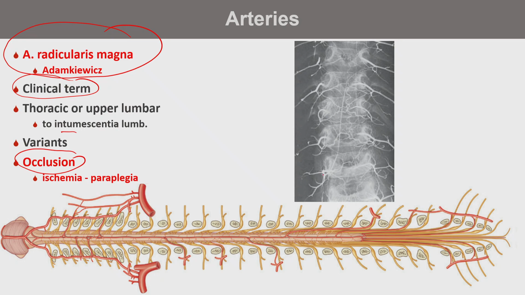The Adamkiewicz artery is seen here on this angiogram. This is the Adamkiewicz artery, and this is the feeder. And you can see that the feeder is crossing several levels. And this is this level.